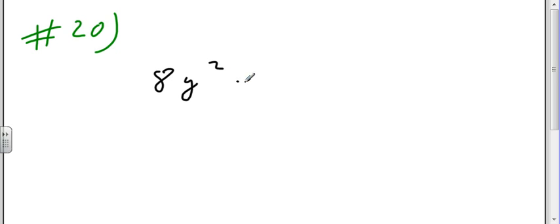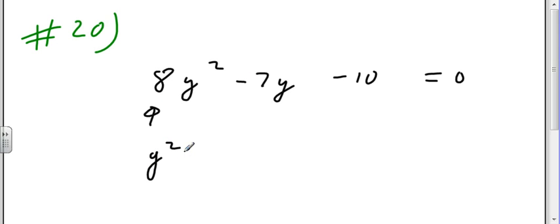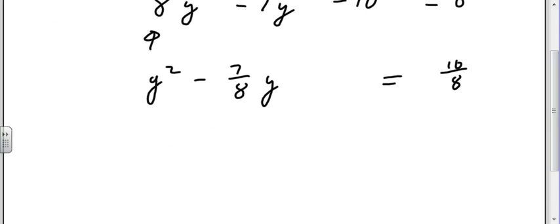8y squared minus 7y minus 10 is 0. Okay, we want this guy to be a 1, so we're going to write it y squared minus 7 over 8y is equal to 10 over 8. And 10 over 8, that's 5 over 4, right?